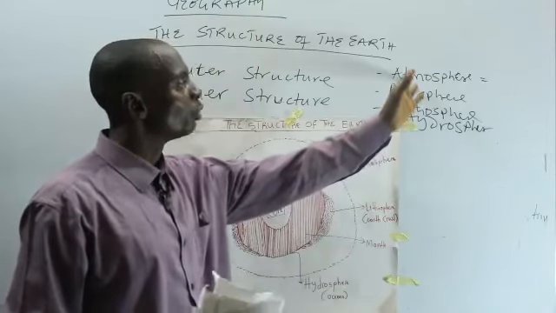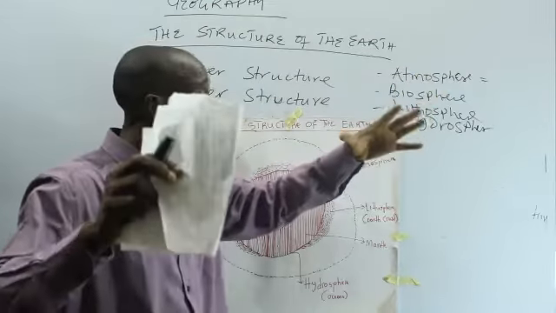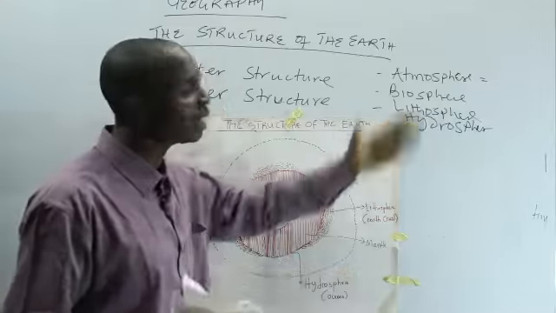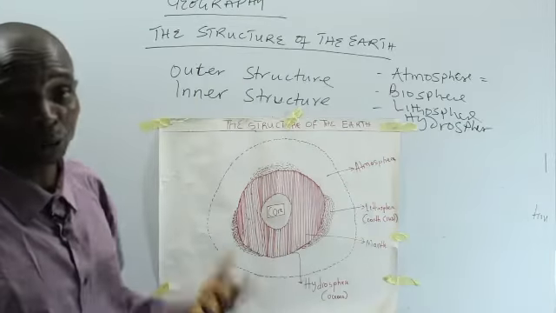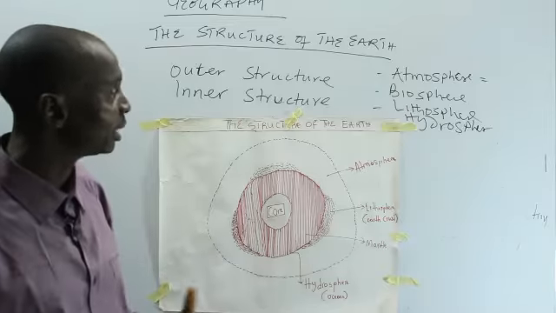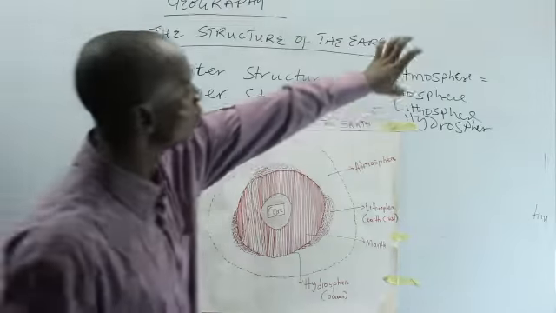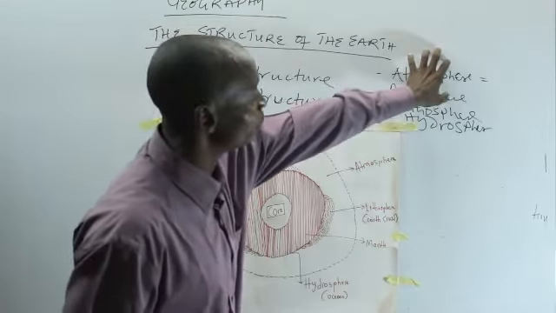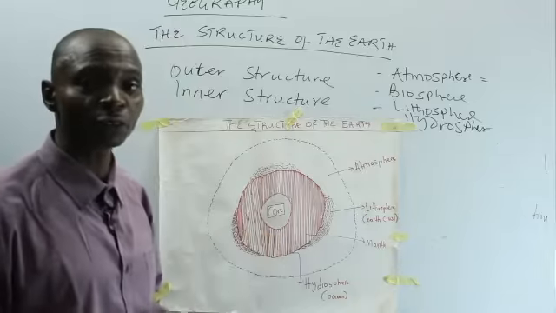So when we talk about the atmosphere, we are talking about the part of the Earth's outer layers that is occupied with air and a mixture of gases like nitrogen, oxygen, carbon dioxide, and so on. So the zone that is occupied by this mixture of gases and air is what we call the atmosphere.